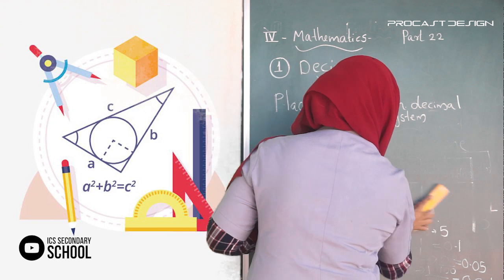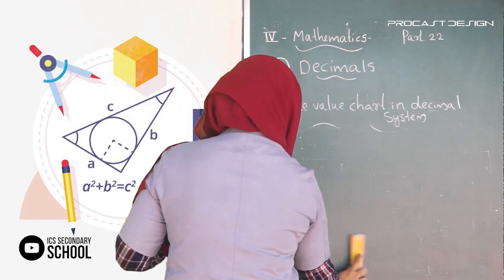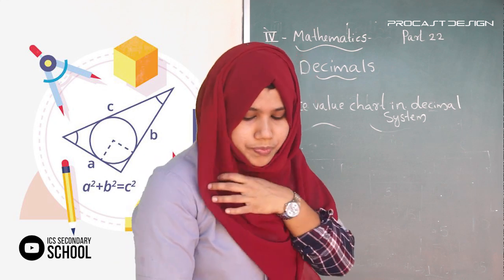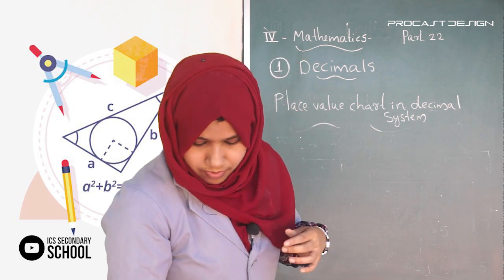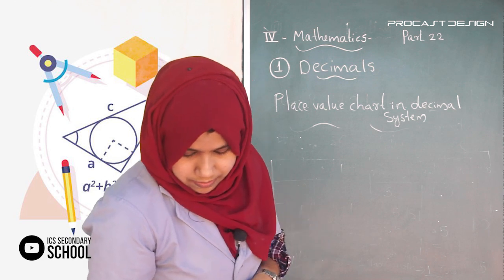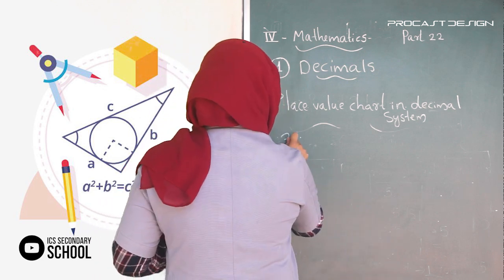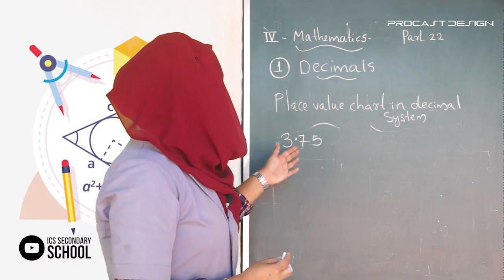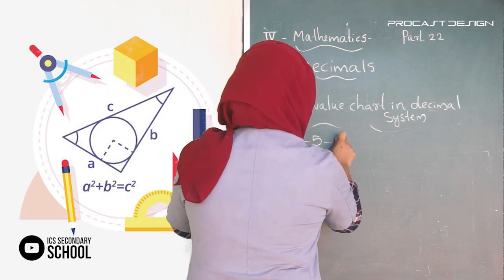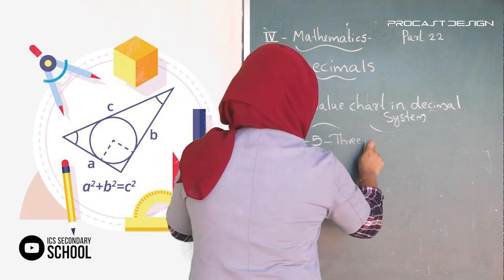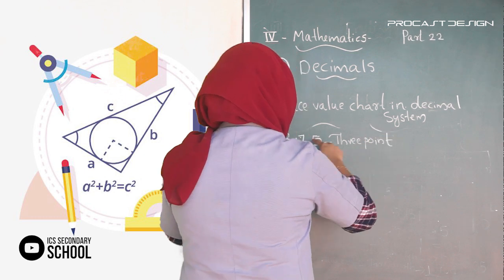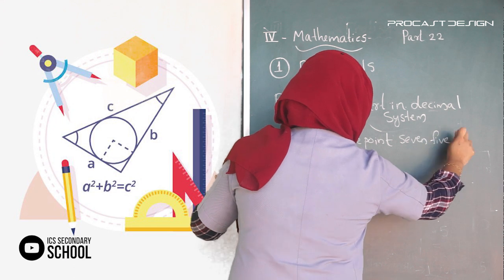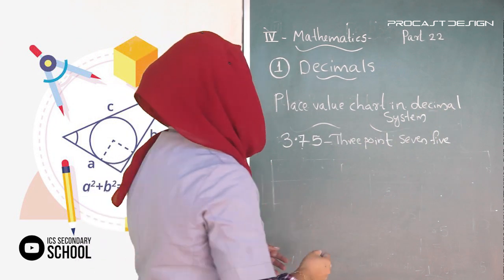So one more example, so we'll understand the place value chart of decimal numbers and the place values also. 3.75. How to read this number? 3.75. Yes, 3.75.